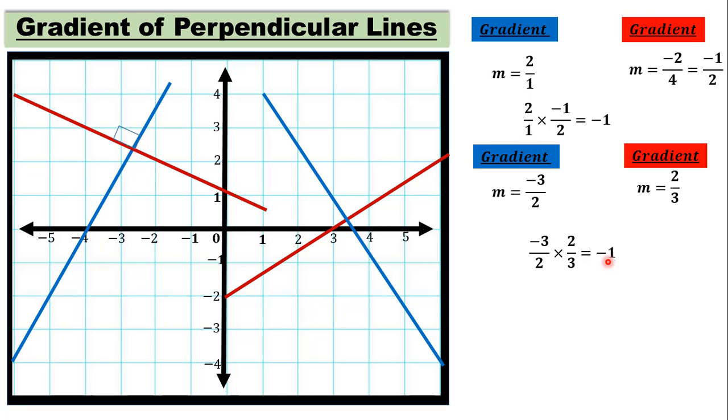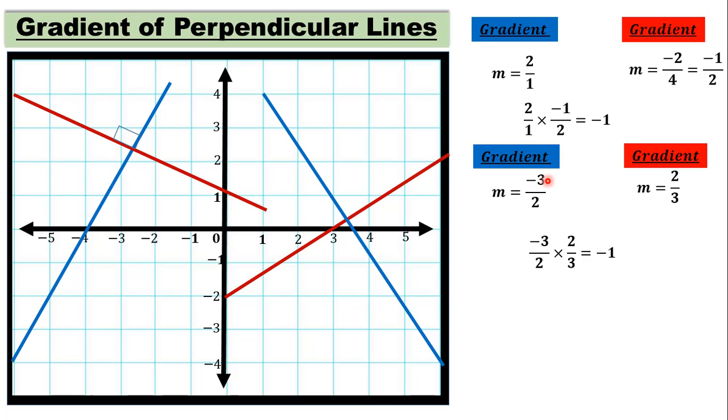So it is understood that if two lines are perpendicular to one another, their gradients, look, this is 2 over 1, this is minus 1 over 2, they are the negative reciprocal of one another. Just invert the denominators and put the negative sign.